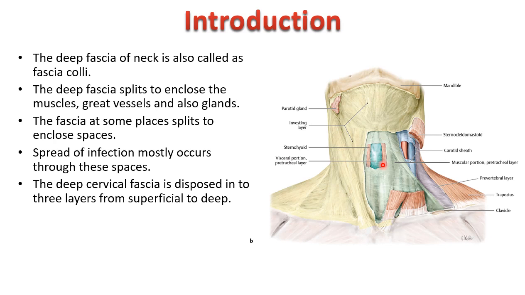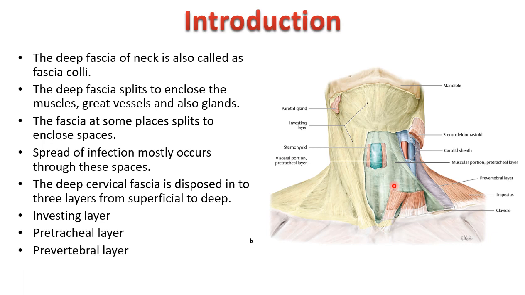Immediately deep to the superficial fascia and the platysma muscle, you see the investing layer of deep cervical fascia. That is one layer, and deep to that you see the pretracheal layer, immediately in front of the trachea. In a deeper plane, you see the prevertebral layer, because it is present immediately in front of the vertebra and the prevertebral muscles lying in front of the vertebra.